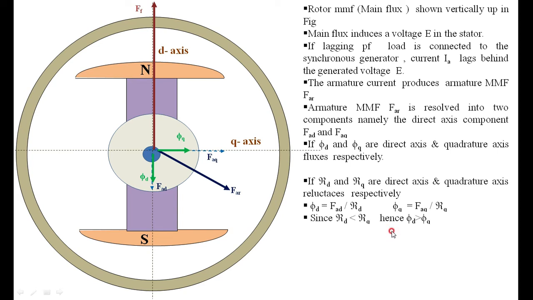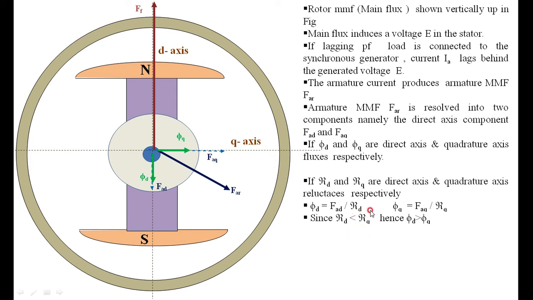Therefore, we know that Rd, the reluctance along the d axis, is less than the reluctance along the q axis. Why is it so? Reluctance is less in the d axis because the air gap is small. Whereas in the interpolar axis, or the q axis, the air gap is large, therefore reluctance is more.